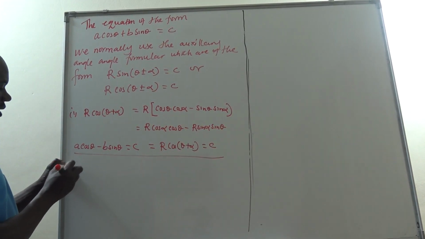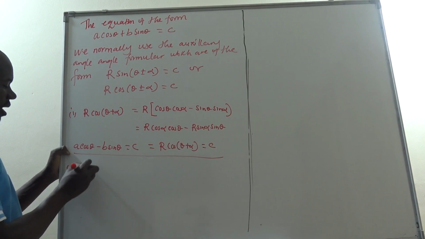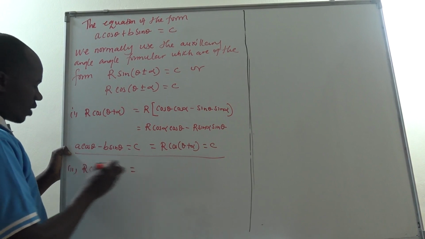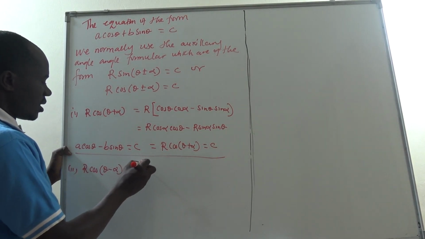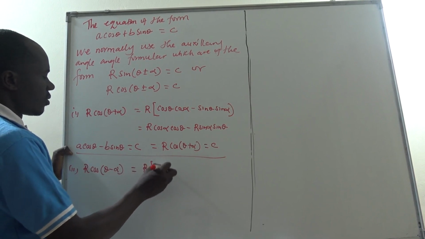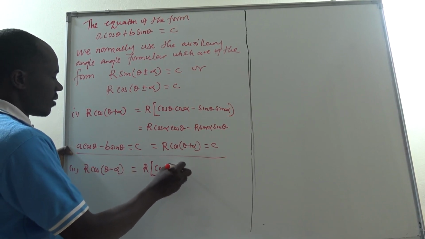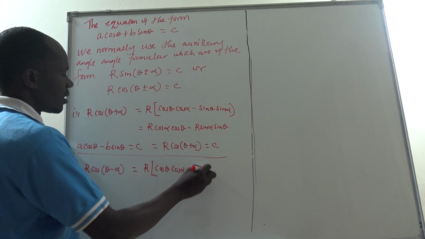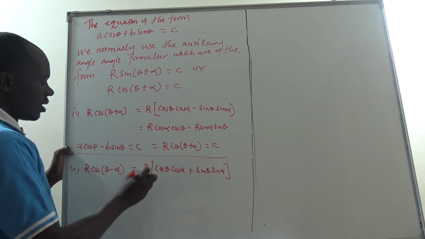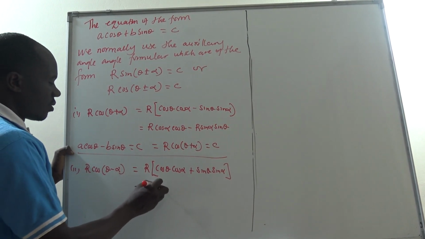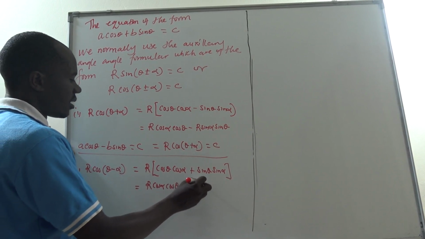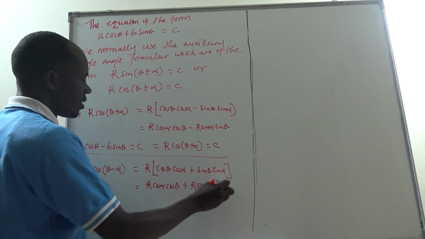Now we also go to Roman 2. We have a scenario of r cos(theta minus alpha). We expand that: this is the same as r into cos theta cos alpha plus sin theta sin alpha. This becomes r cos alpha cos theta plus r sin alpha sin theta.